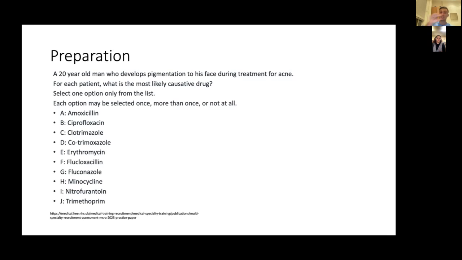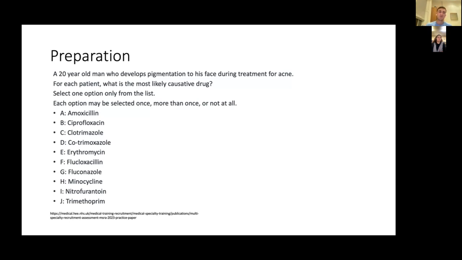Sometimes then they change the stem and they keep the answers the same. So this is an example of a follow-on question. You could sort of pretend it's a two-step question, but actually if you've done these enough, side effects, acne, antibiotic.